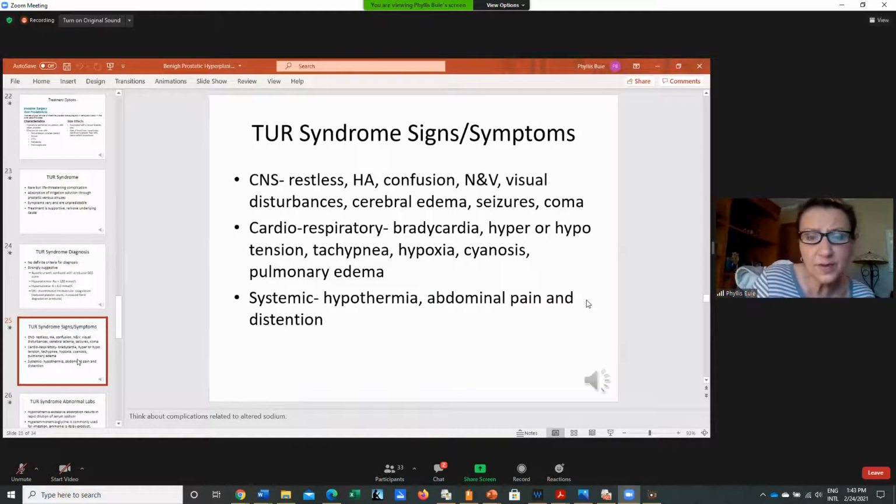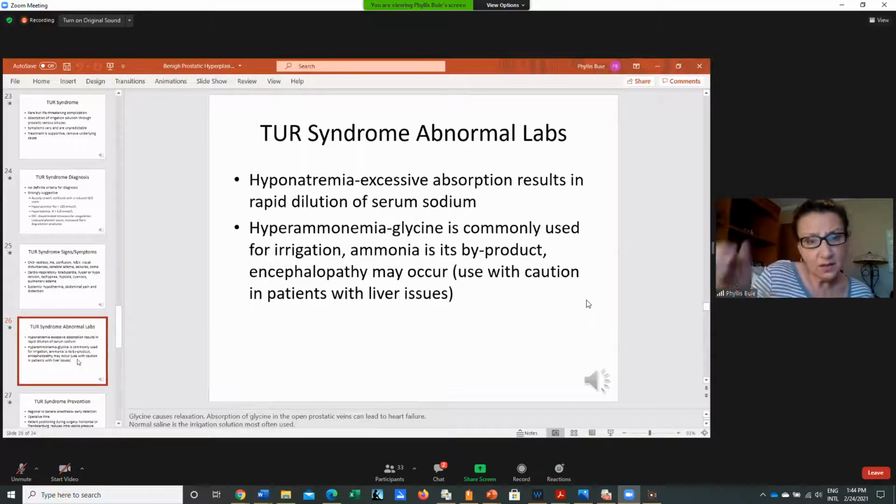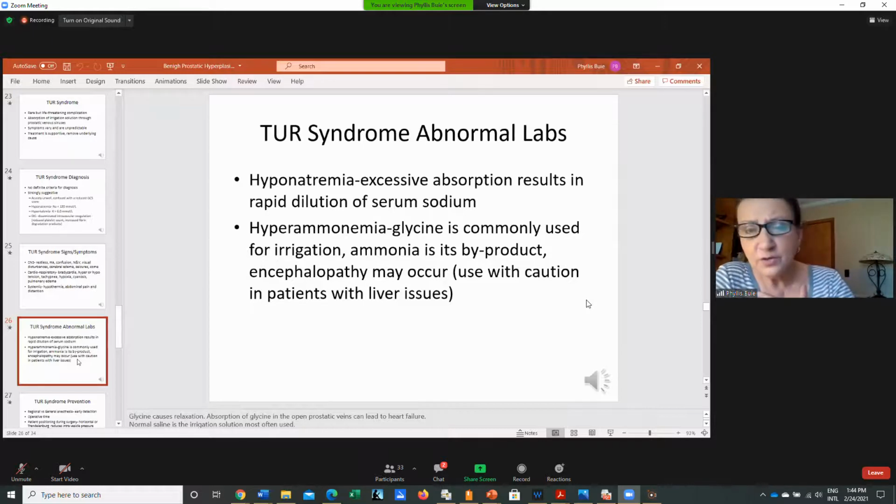We've already talked about some of the signs and symptoms, and we've also talked about the hyponatremia, which is the dilution of the sodium, what little sodium there is left. And then there's one of the irrigation solutions. I'm usually most commonly familiar with using normal saline to irrigate with, but there is another solution. It's called glycine, and one of the byproducts of it is ammonia.